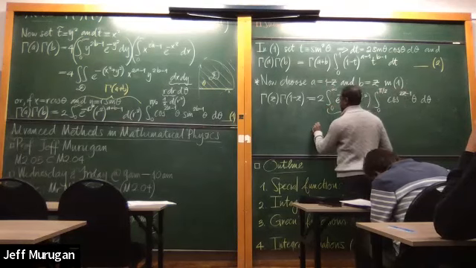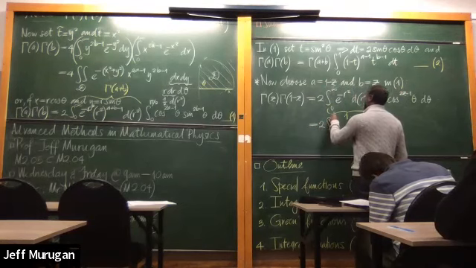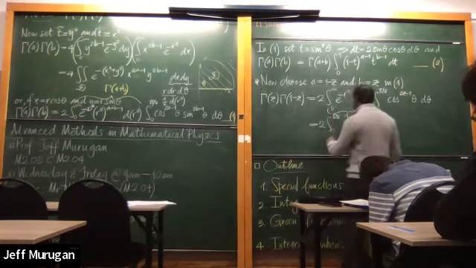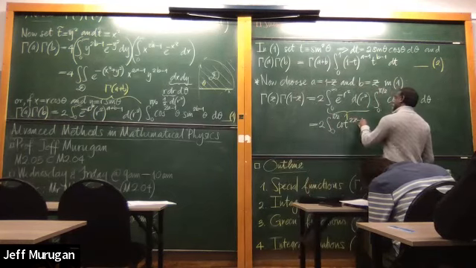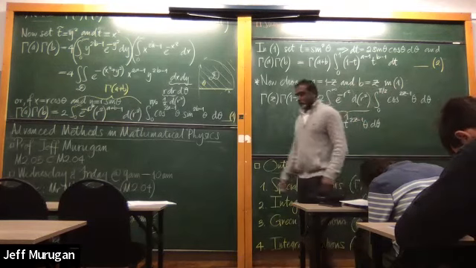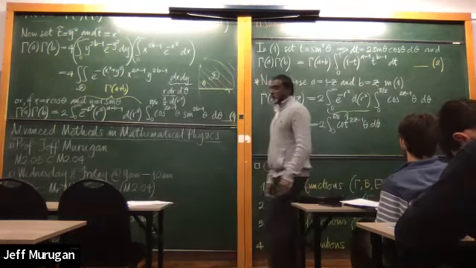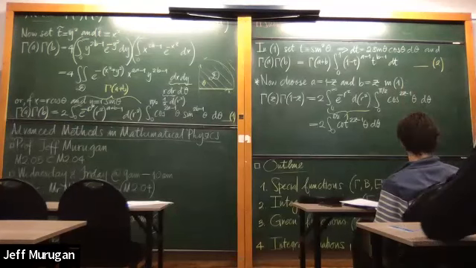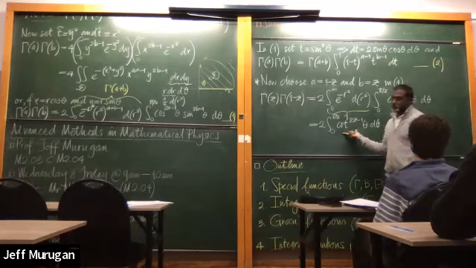So this is just 2 times the integral from 0 to pi by 2 of cot to the 2z minus 1 theta d theta. This integral is an elementary integral, believe it or not, if I pretend that z is any old number. And you can do it just by substitution.